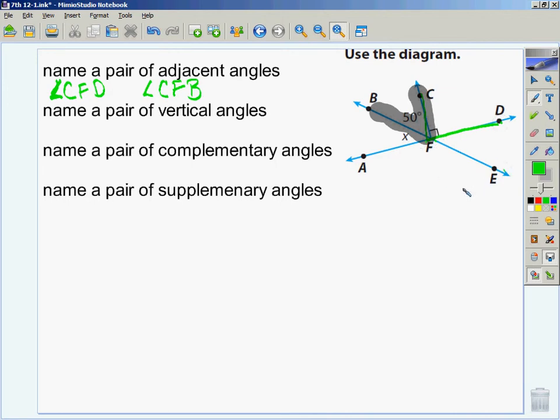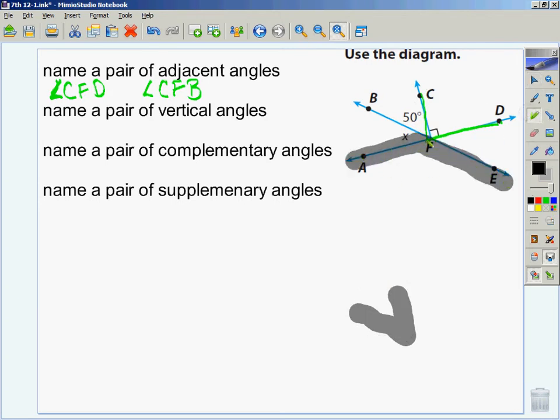I could have picked one on the other side. I could not have done AFE. If I'd done AFE, although they shared a vertex, did they share a side? No. Okay?